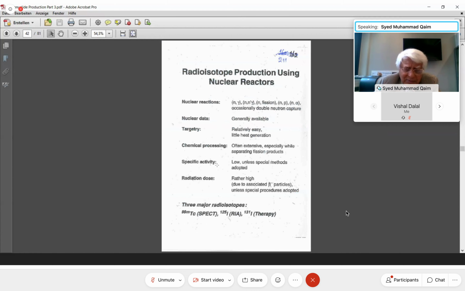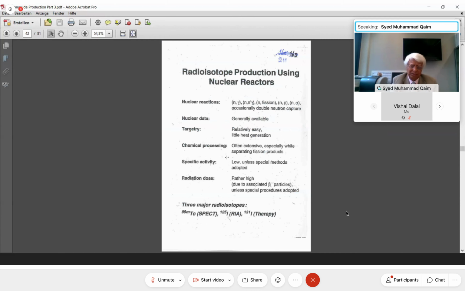How is the specific activity? Generally low. So N-gamma gives us generally low, but if special methods are used, as we have seen, then you can have high specific activity. What are these special methods? For example, if you use the NP reaction. Secondly, use the N-gamma and use the product, N-gamma beta minus decay. Then the specific activity is high.